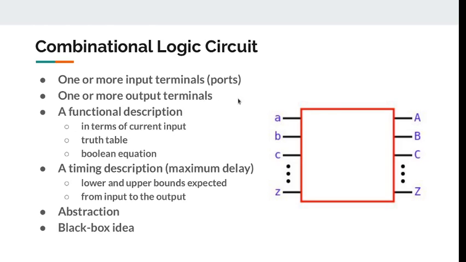So basically, combinational circuits are based on one or more inputs and a number of outputs. They are also called ports.